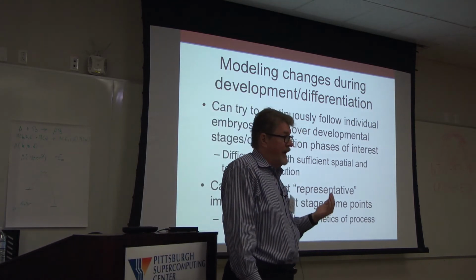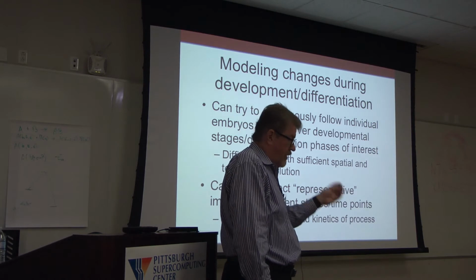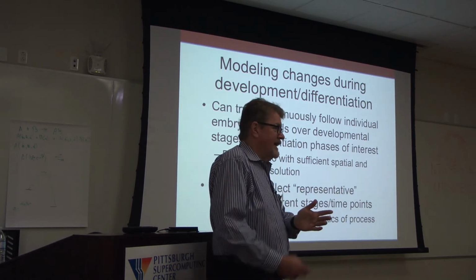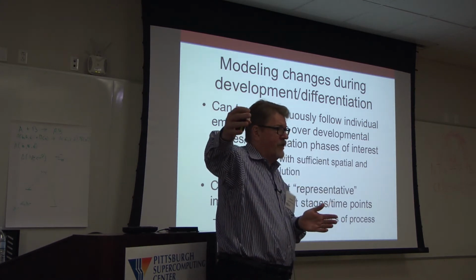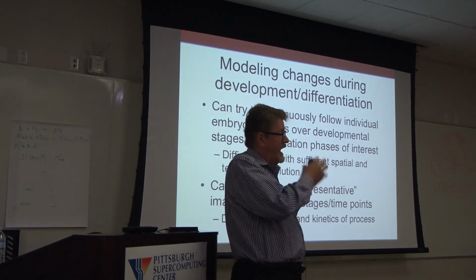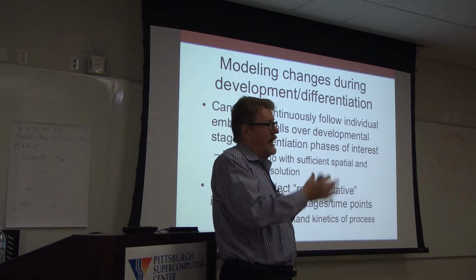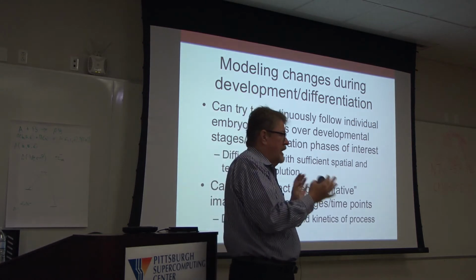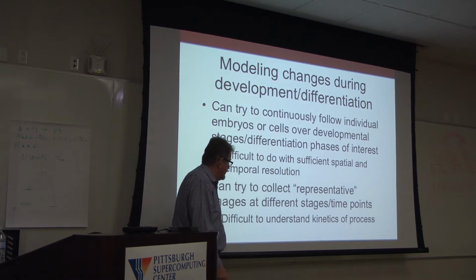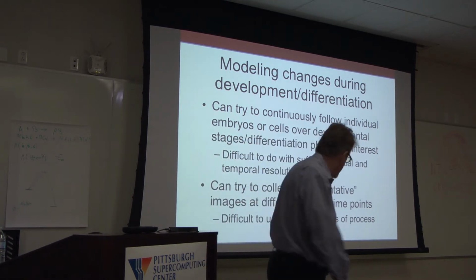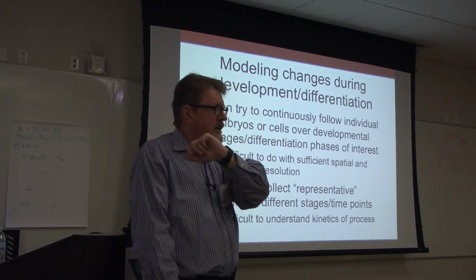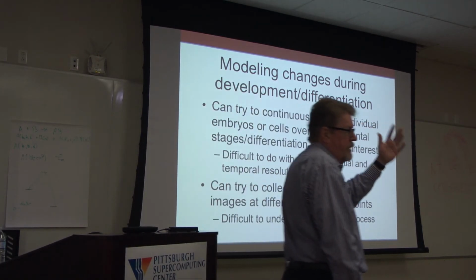If we try to do it fast enough to get all the quick changes, they'll be burned out in an hour, and we lose what happens over the next 12, 24, 60 hours. If on the other hand we only sample every half hour, we miss the things that happen quickly. So this is a classic problem. The alternative is that we pick representative time points, take some images, and make statements about those.